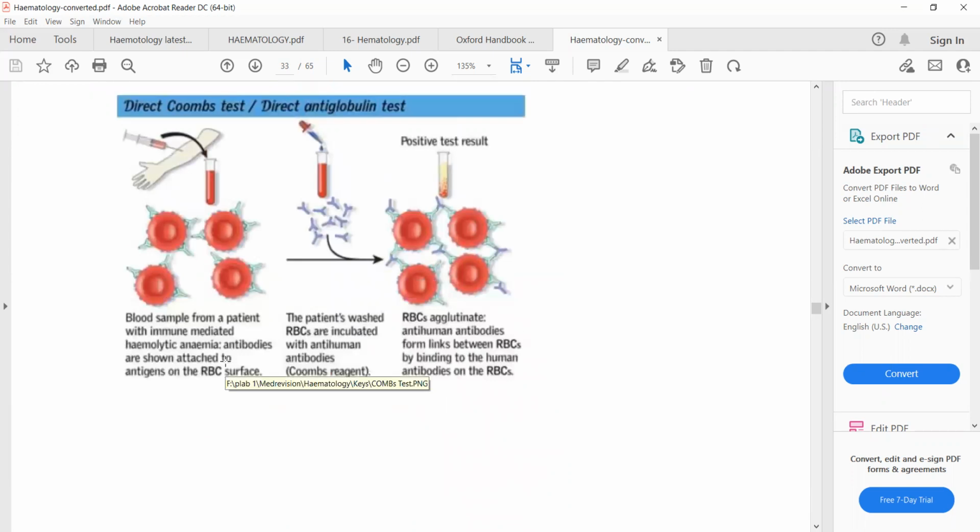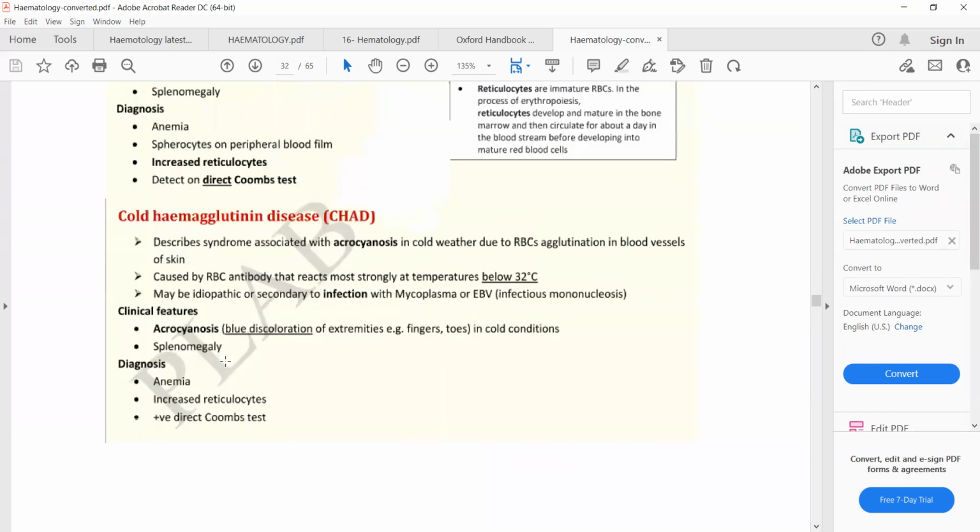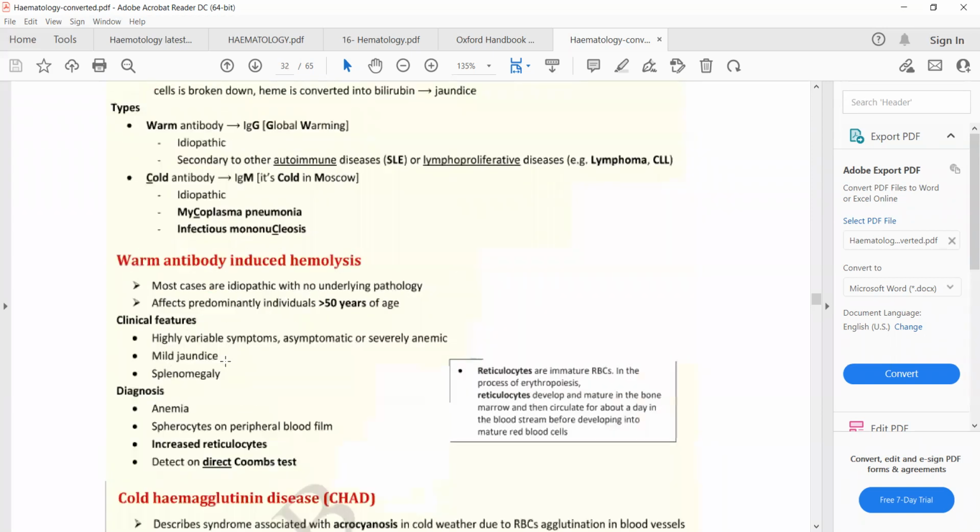The direct Coombs test is used in conditions in which antibodies are formed against the RBCs or attack the RBCs. What are the examples of those conditions? The examples include autoimmune hemolytic anemia, Rh disease of the newborn, and ABO hemolytic disease.